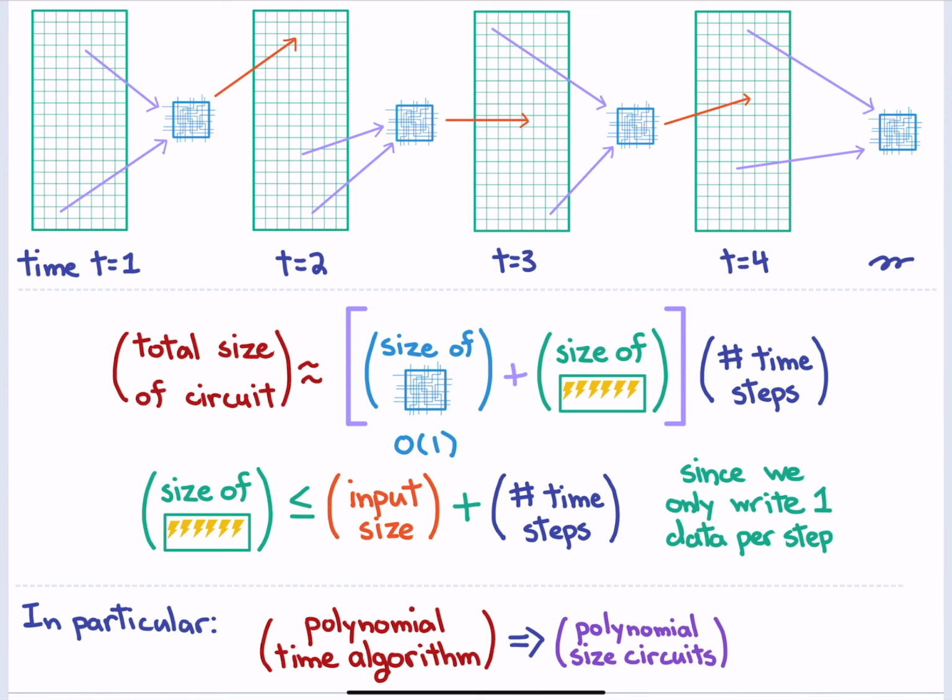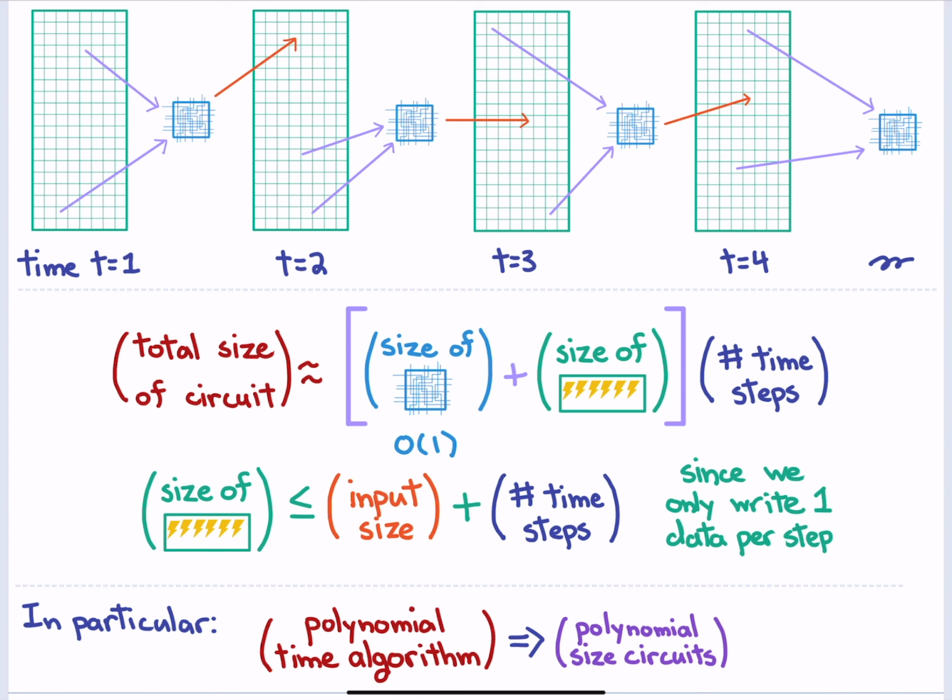And the size of RAM is the input size plus a polynomial in the input size. So I plug everything in, multiply it all together, and we get that the total size of the circuit is bounded above by a polynomial in the input size. If the program is a polynomial time algorithm, like it always terminates in a polynomial number of steps. Maybe it's n cubed, maybe it's n to the fourth, it doesn't matter.